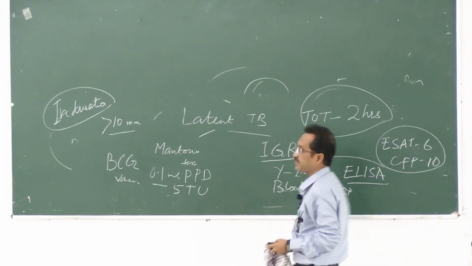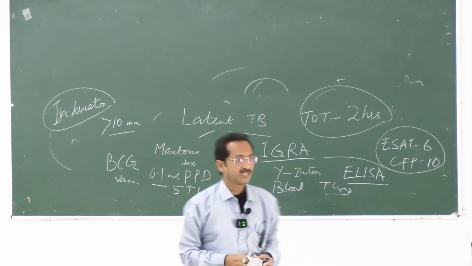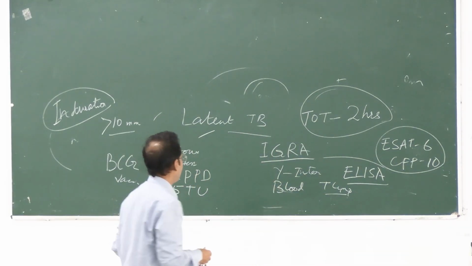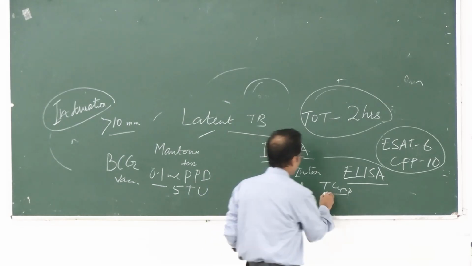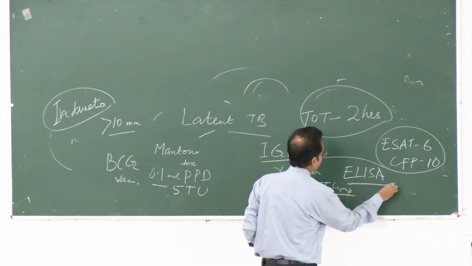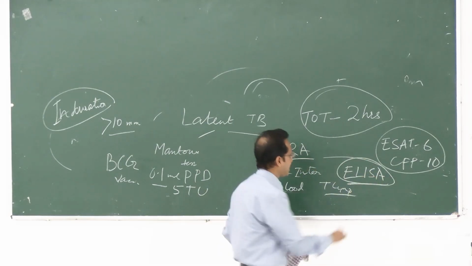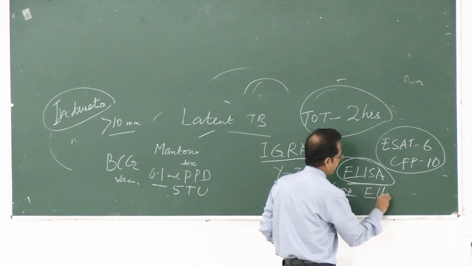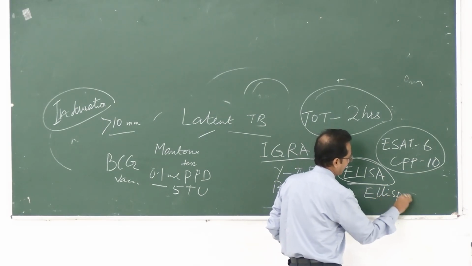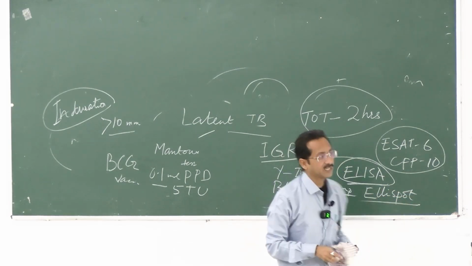These are the two antigens that are checked in IGRA, usually against the T lymphocytes. So blood is the specimen, and by ELISA or ELISpot method. So these are the two tests for diagnosing latent tuberculosis.